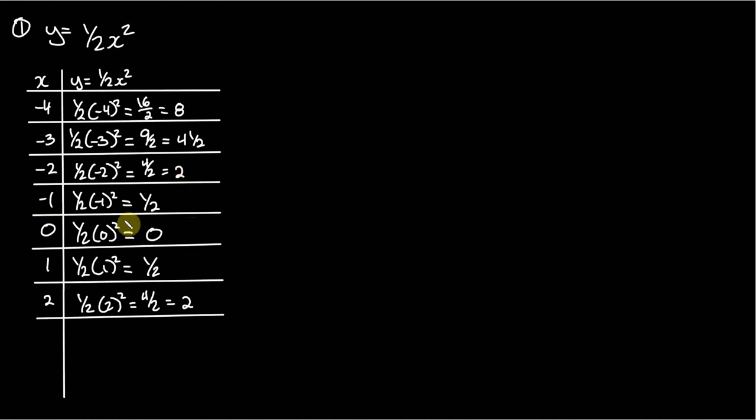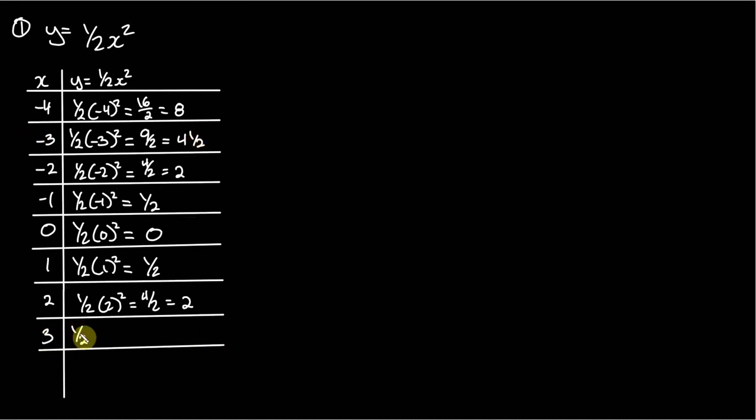When x equals -1, y equals 1/2. When x equals 0, y equals 0. When x equals 1, y equals 1/2. And when x equals 2, y equals 2. And so you can see a pattern forming. And so one might predict that when x equals 3, y is going to equal 4 and 1/2.